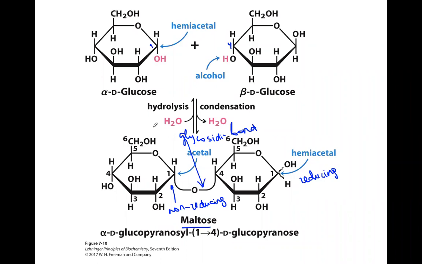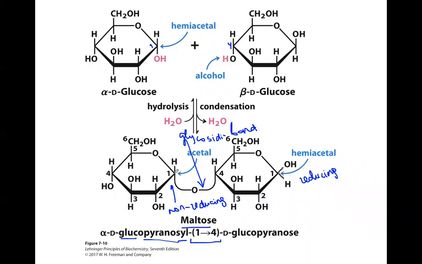All right, so we start with this sugar that used its anomeric position to form a glycosidic bond. And so we name this. It's alpha, it's D, then we say it's a glucopyranosyl, and then we specify what kind of glycosidic bond this is. This is 1 to 4, right?